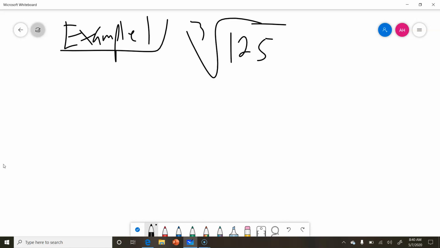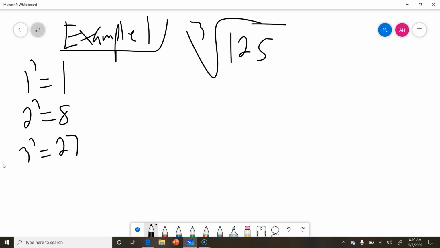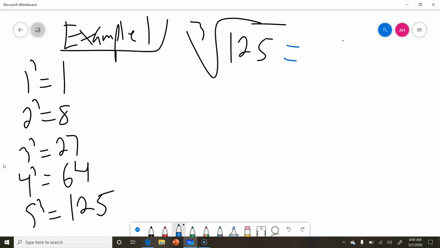Now, what I would do, if I were you, is start on your calculator and try a list. 1 cubed is 1, 2 cubed is 8, 3 cubed is 27, 4 cubed is 64, 5 cubed is, and when you type that in the calculator, you'll see it's 125. So all we have to do there is punch that in the calculator 5 times. 5 cubed is 125.